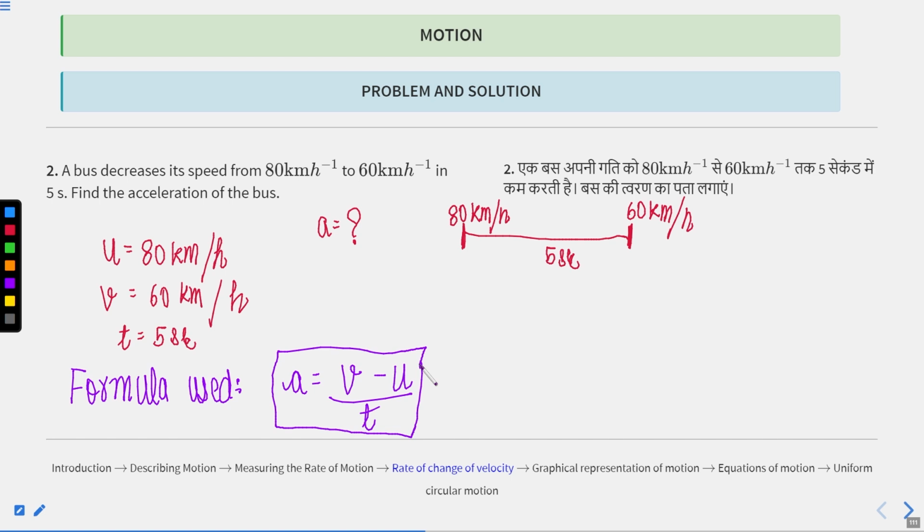And we have talked about negative acceleration, which is known as retardation, and it mostly happens when you hit a brake. And if the speed of the bus decreases, it means that the driver has hit the brake. So your final answer will have a negative sign on it. Clear, class? So all the quantities are given, and I have told you what the formula is. You just have to put all the values in the formula and calculate the acceleration.